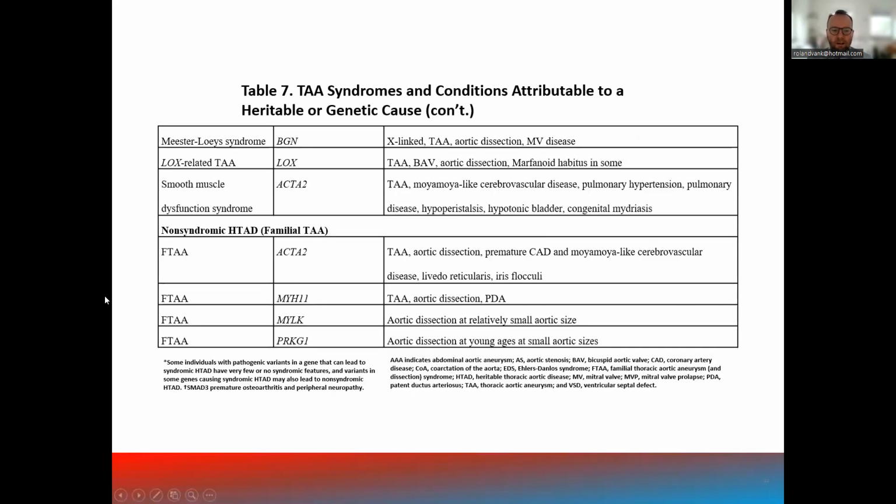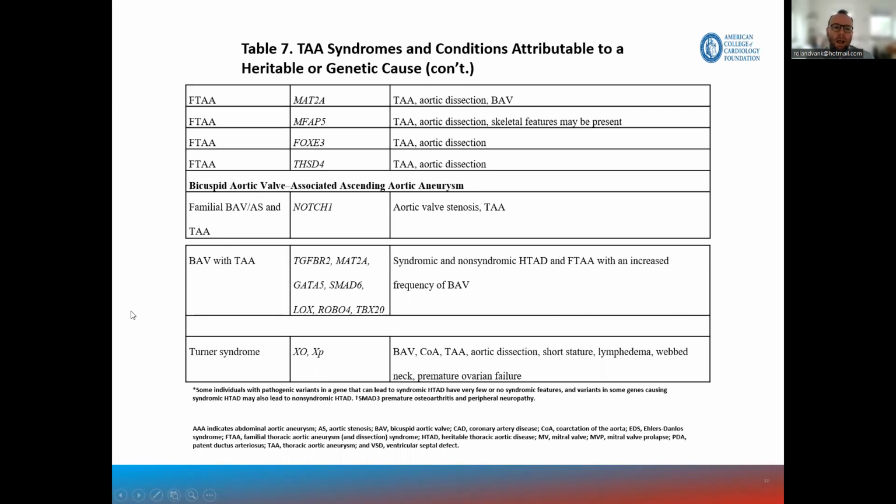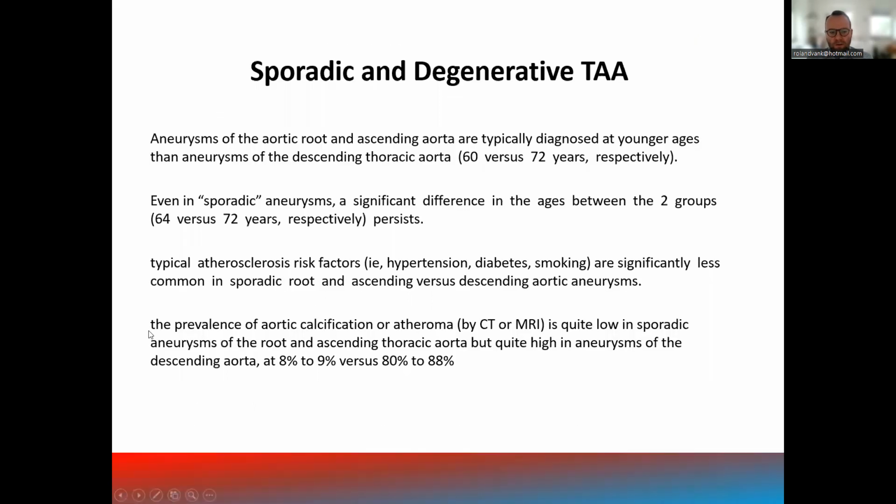Looking at non-syndromic causes, ACTA2 is a very well-known mutation which especially gives aortic diseases, but it's not involved in other organ systems, and it's important to realize that the non-syndromic causes actually result in dissection at a younger age or smaller sizes than we know, and this has implications for therapy. Bicuspid aortic valve is already discussed, and this is also associated with thoracic aortic aneurysms.